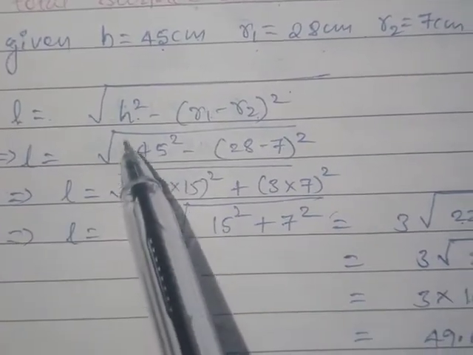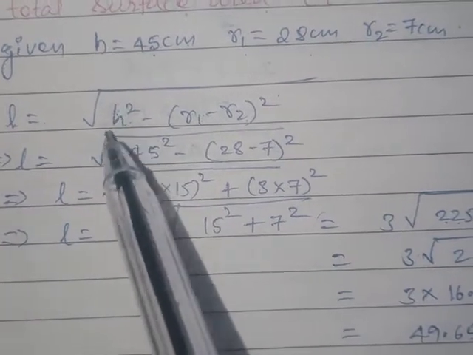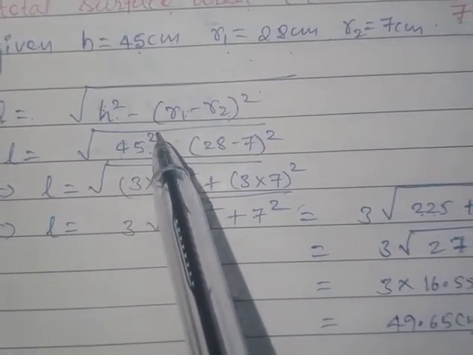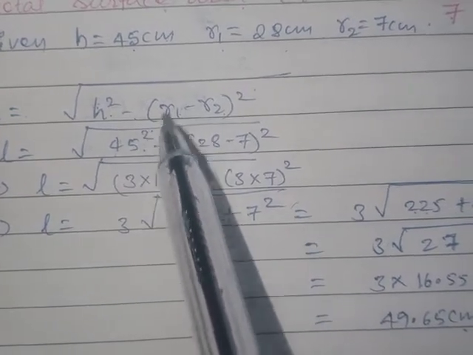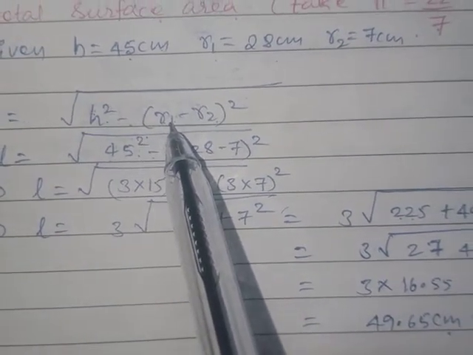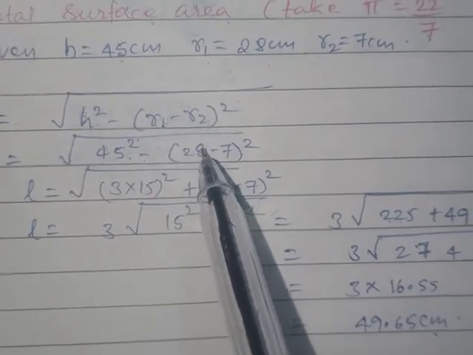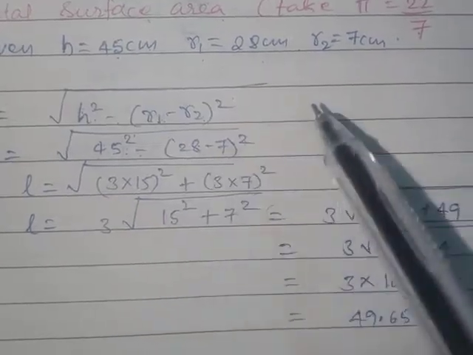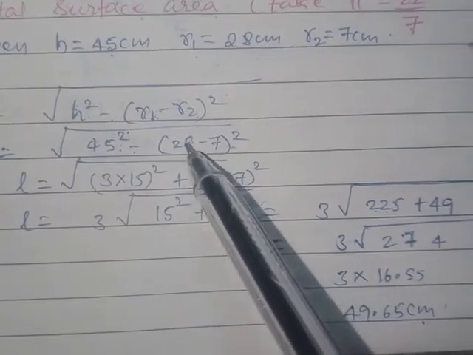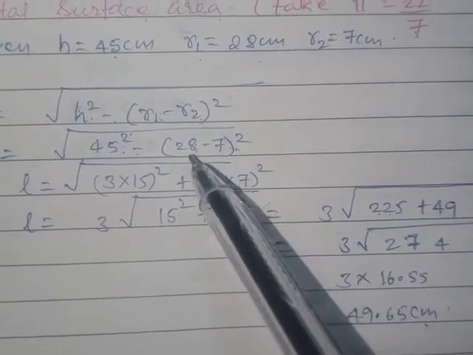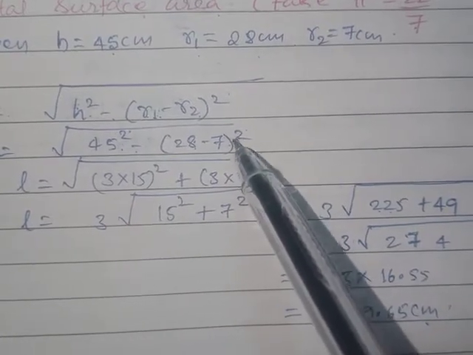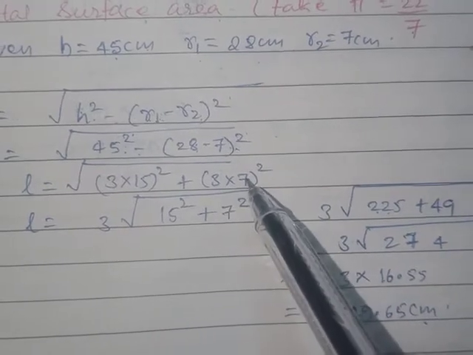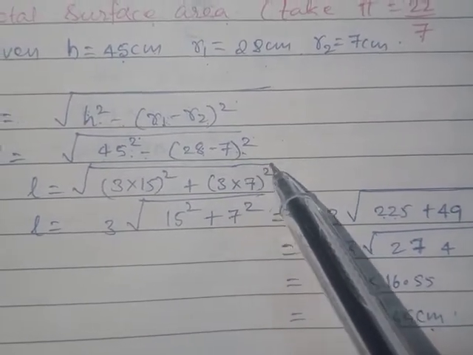Given, L is equal to square root of 45 square plus the larger radius R1, 28 centimeter, minus R2, 7 centimeter, whole square. 28 minus 7 gives you 21. 21 can be written as 3 into 7, 3 sevens are 21. So 3 into 7 whole square.